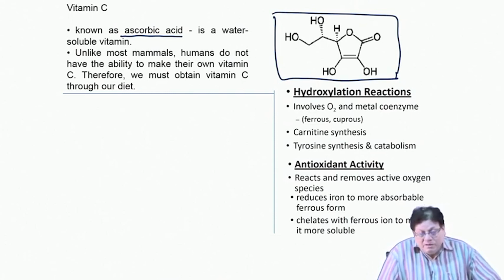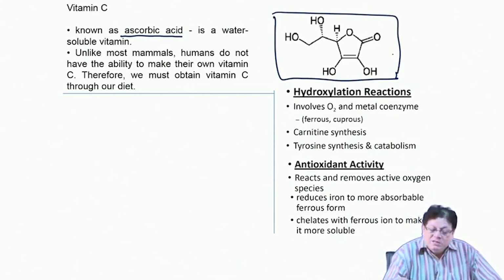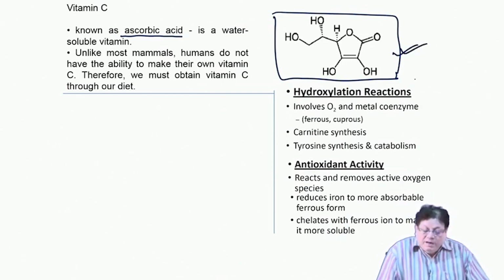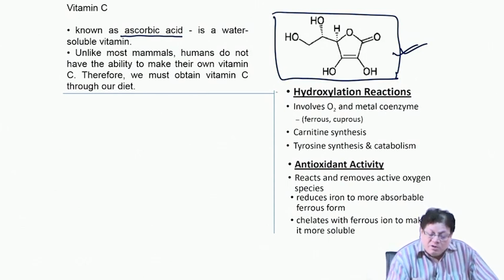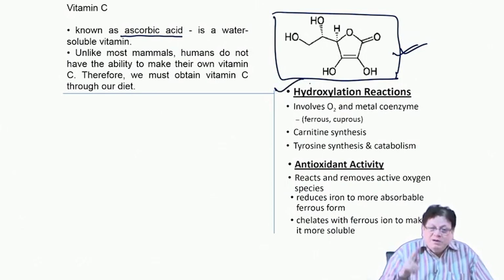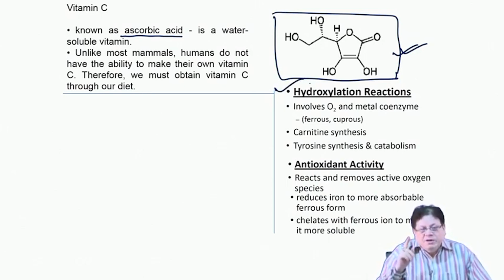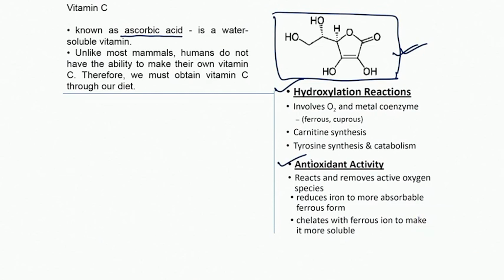However, as we are discussing coenzyme activity, we will see what type of reactions it is involved in. Okay. So, it takes part in reactions which do hydroxylation, and it also has antioxidant activity. Okay. So, what are these hydroxylation reactions?